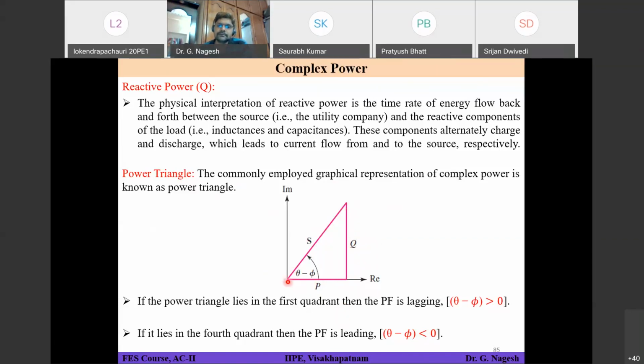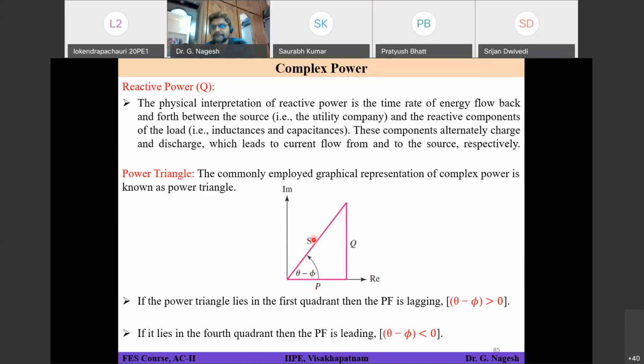So this is your power triangle with P and jQ, and the angle will be theta minus phi between these two, and this is your complex power. More specifically, this should not be S, this should be modulus of S. Modulus of S is nothing but your apparent power, which is V effective into I effective.